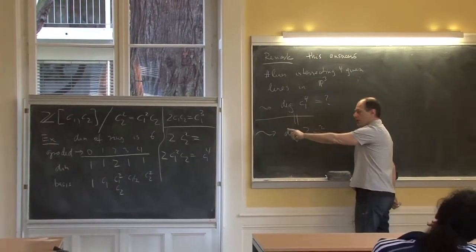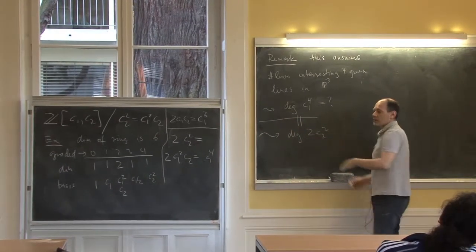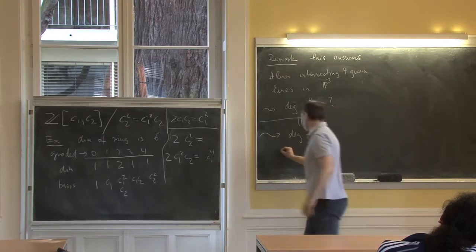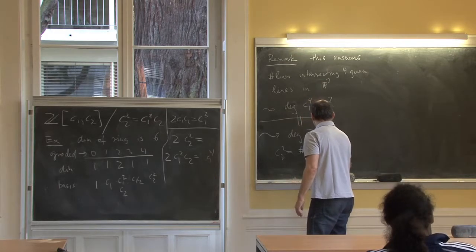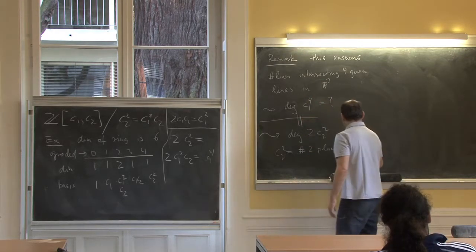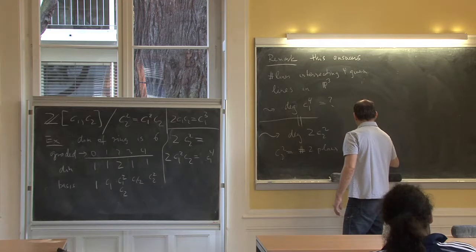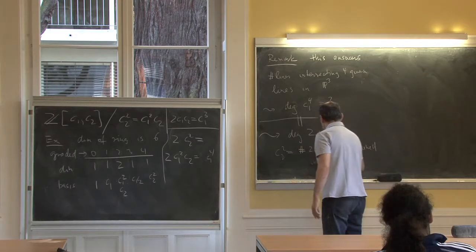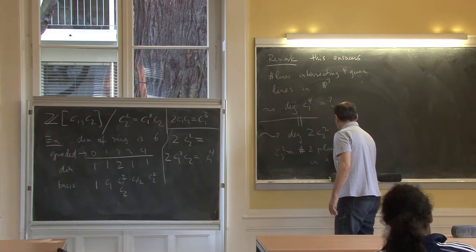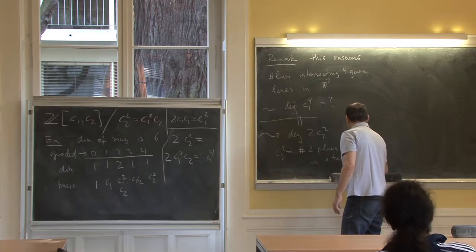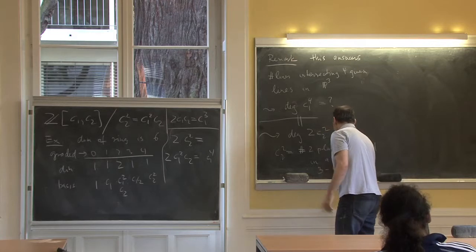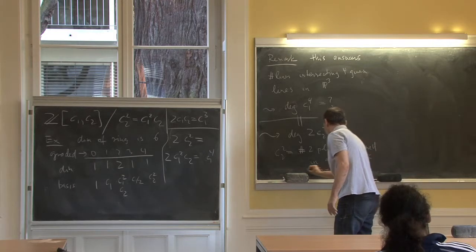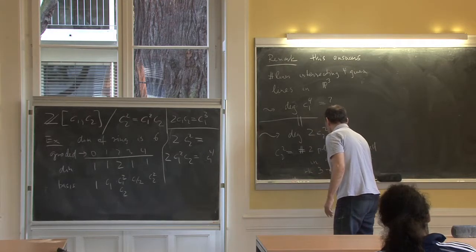So C2 squared is the number of 2 planes contained in two generic 3-dimensional, rank 3 subspaces.